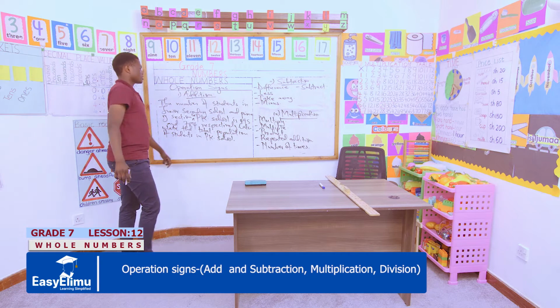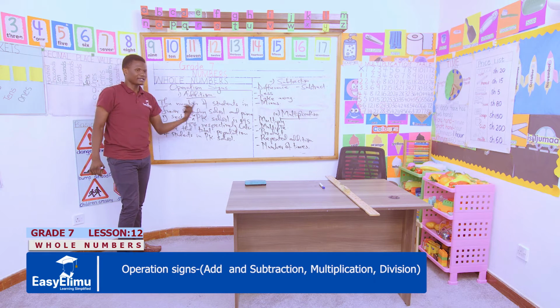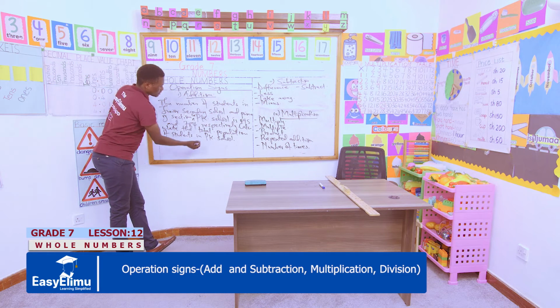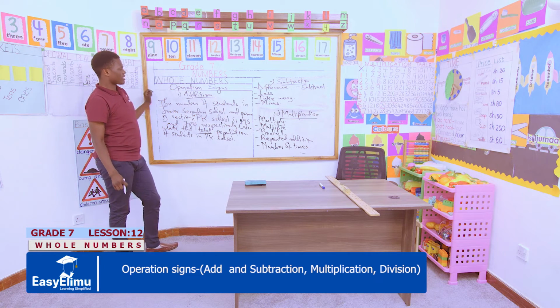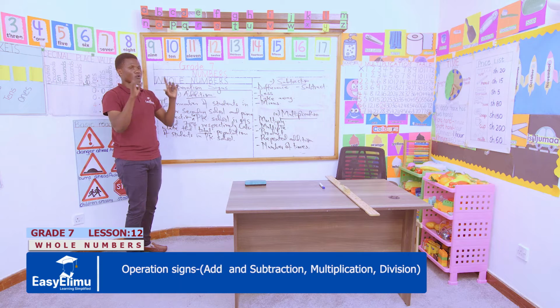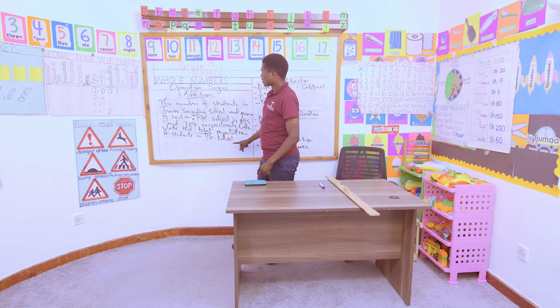So you can see in this scenario, the examiner is not asking you to add directly, but instead is using the word total. That total implies that you're supposed to find the sum, or add the number of students in the JSS section and the number of students in the primary section in PK school.